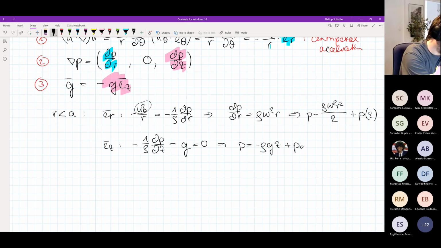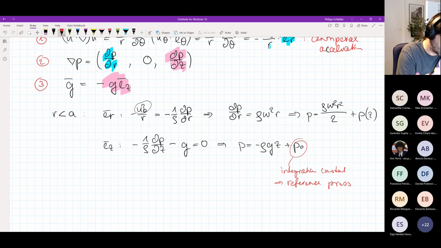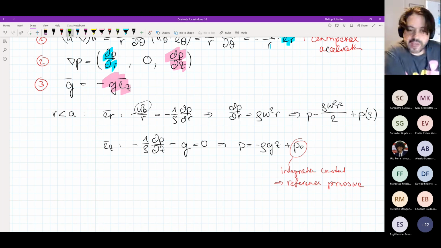This here is my integration constant, or I can also just call it a reference pressure. Okay, so what do we have now?